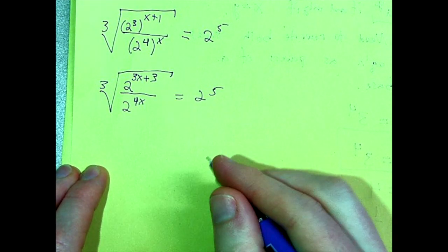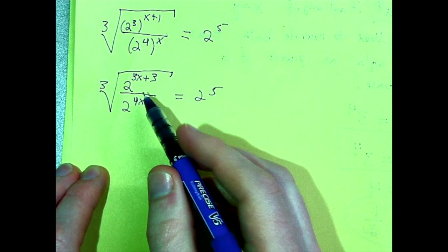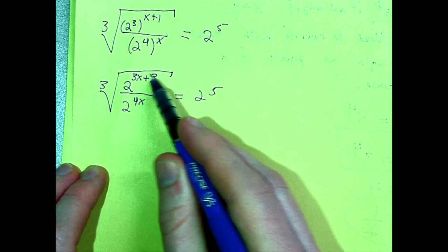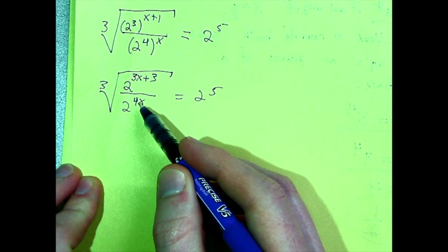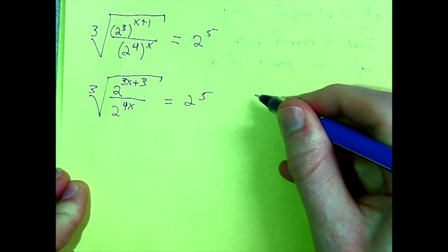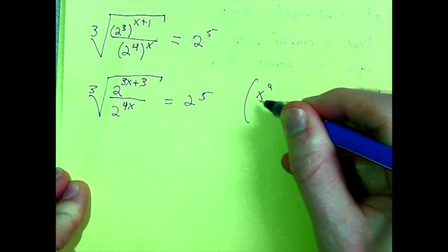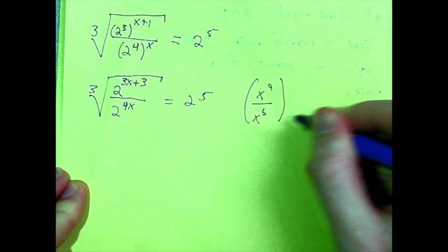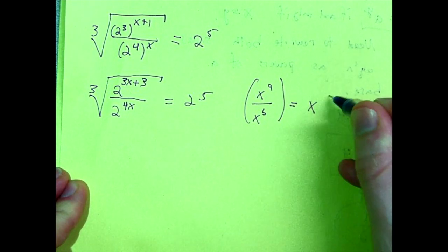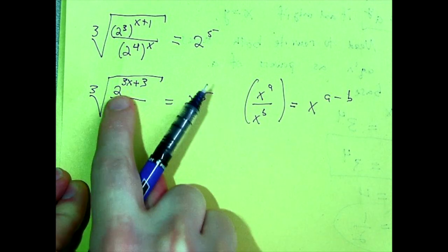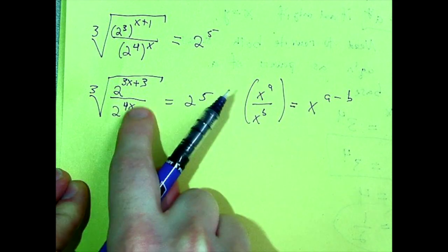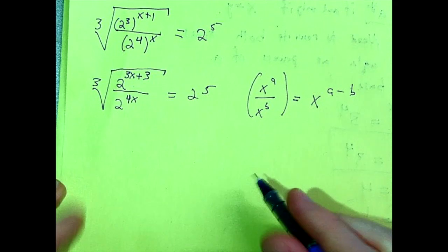All right. So now what we have is 2 to the something divided by 2 to the something else. Remember the rule that says if you have something like x to the a over x to the b, that's really equal to x to the a minus b. That's the kind of situation that we have here. 2 to the one thing divided by 2 to the something else. We're going to subtract the exponents.